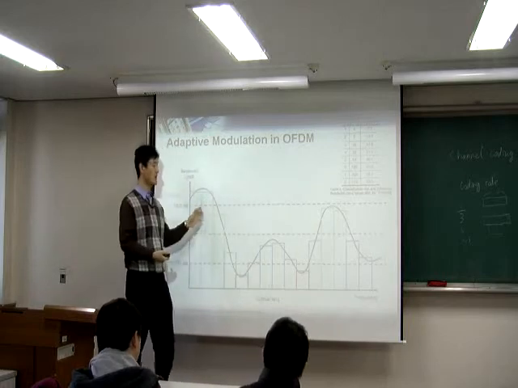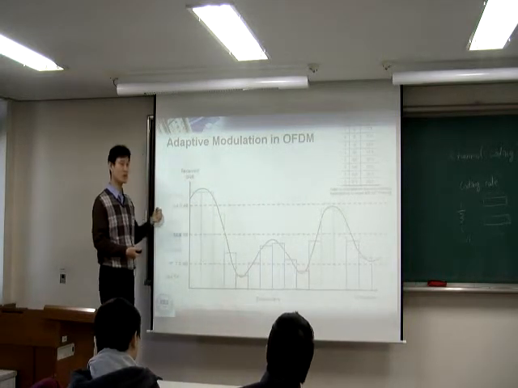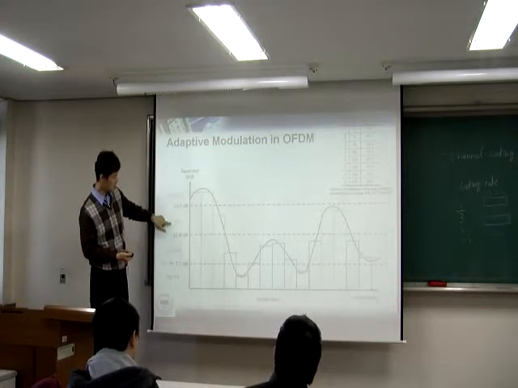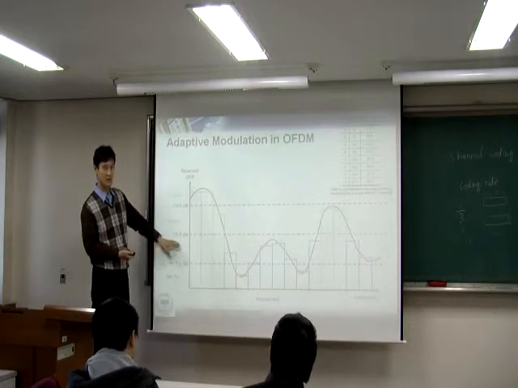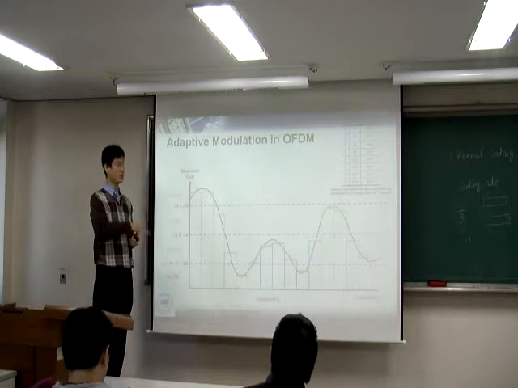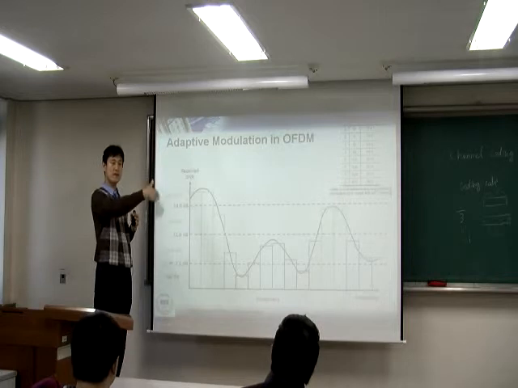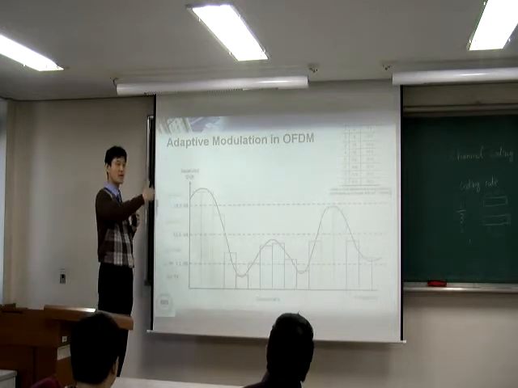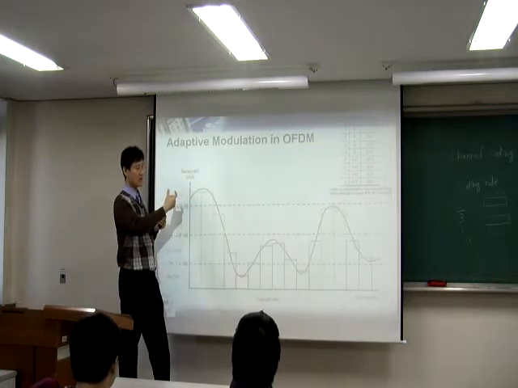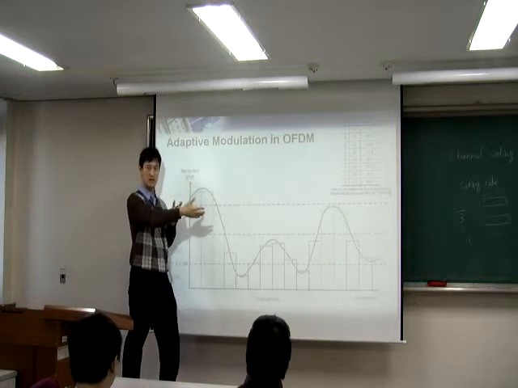So each subcarrier is independent in OFDM. For each subcarrier, you can use a different modulation. Within this range, one modulation, another range, another modulation, like this. Same way as we did before. Earlier, in the previous picture, when we talked about adaptive modulation, we thought only about the time variation of the channel. As time goes, you have fading, so you are adapting your modulation depending on your instantaneous channel.